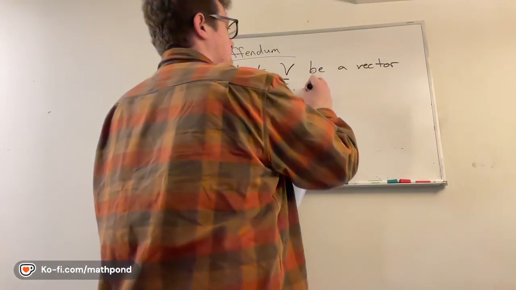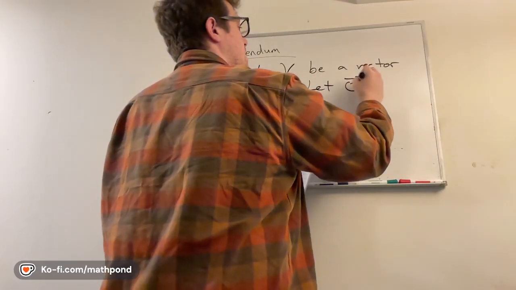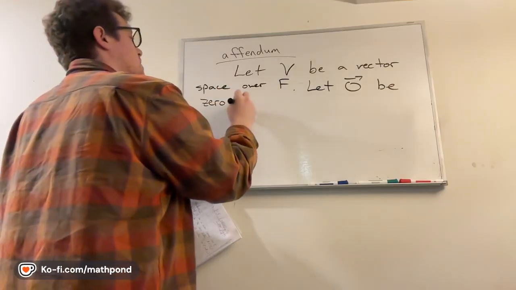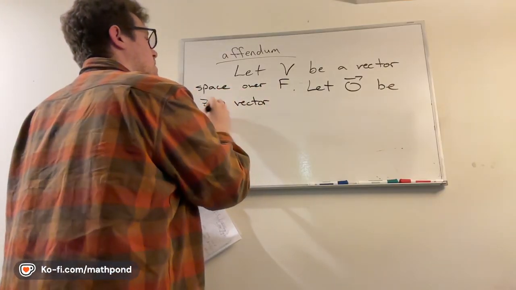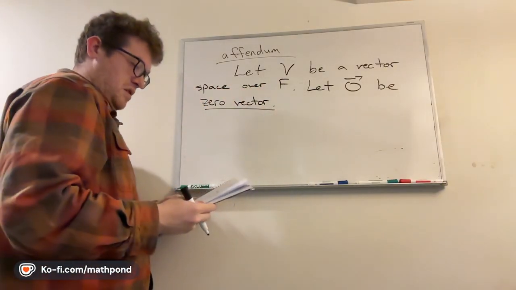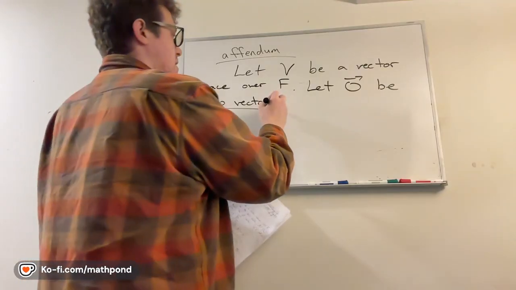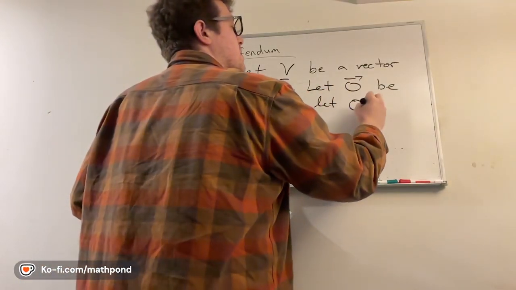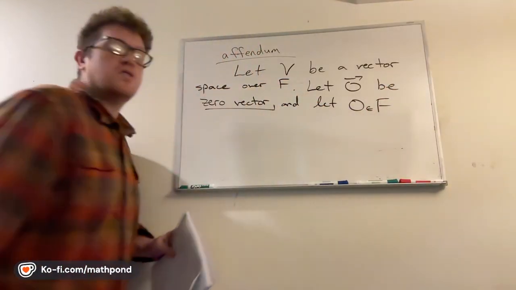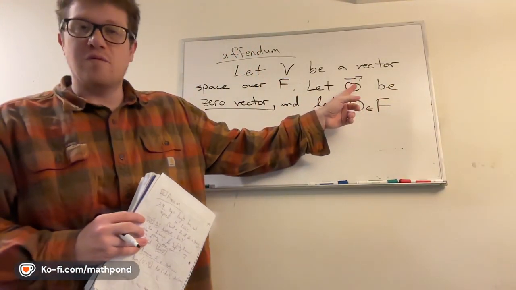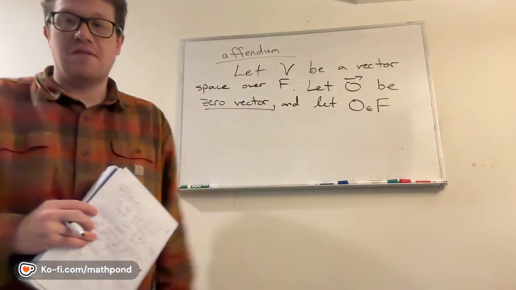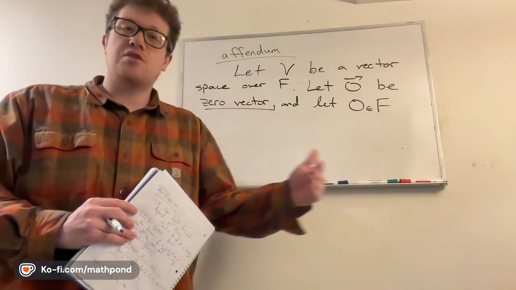Let the 0 vector be the 0 vector. And let 0 in the field be 0. So if I write the line on top, it'll be the 0 vector. If I don't put the line on top, it'll be the element of the field, the 0 of the field, which are technically 2 different things, right?